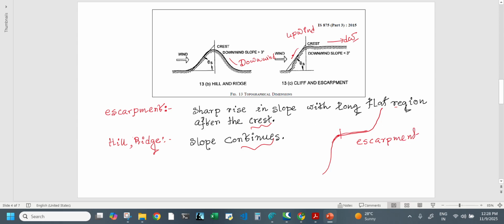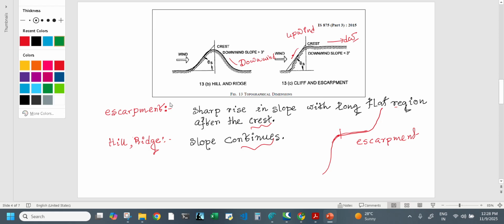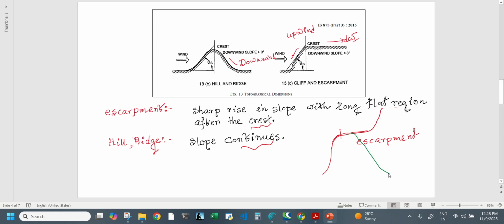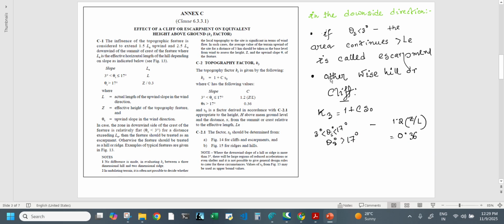But in the other case, if the slope continues, then it is called hill or ridge. So during escarpment the speed increases, and in the valleys there is no slope, that means the velocity decreases. Now let's go to the annexure C.